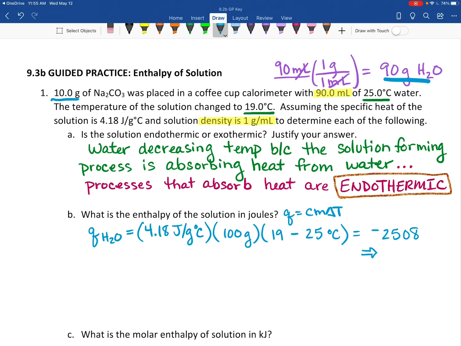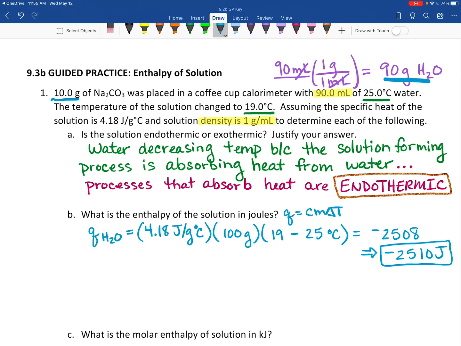We actually had 3 significant digits in each one of our data points in the prompt, so we should have 3. So it should be negative 2510 joules.